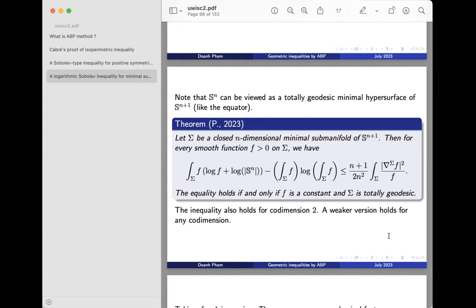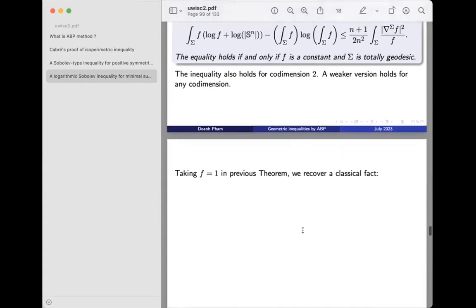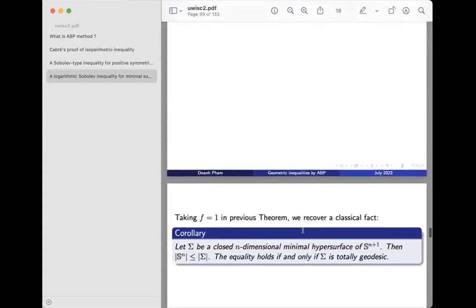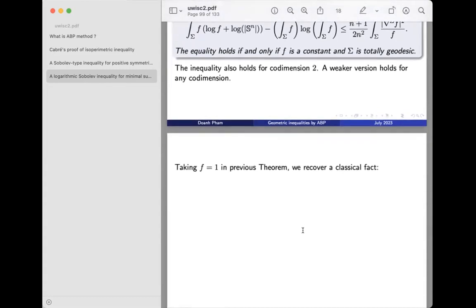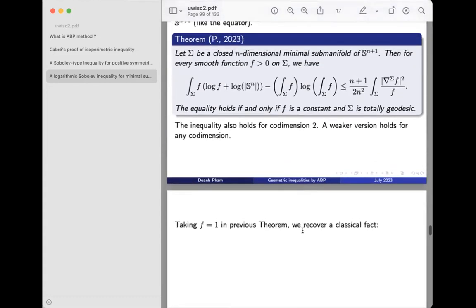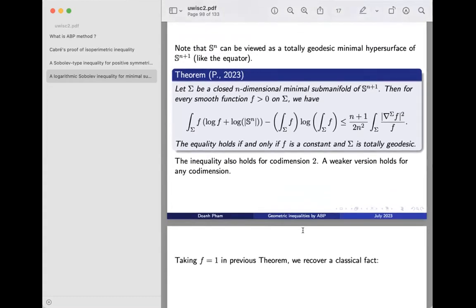I'm just not sure because if you look at the work by Simon Prandtl in 2021, he proved an isoperimetric inequality on minimal hypersurfaces, and that inequality is also sharp for codimension 1 and 2 only.